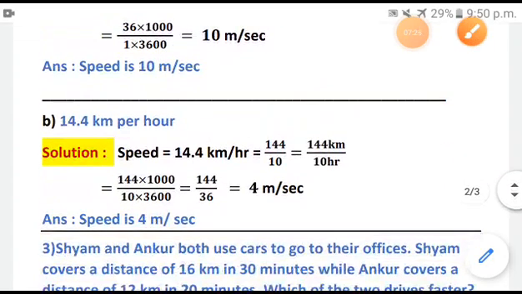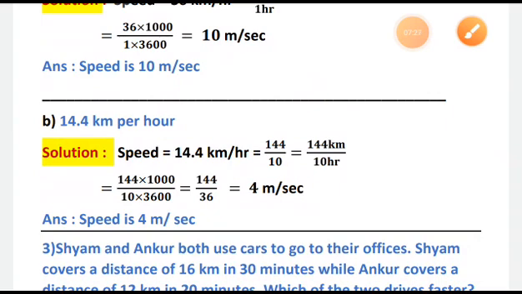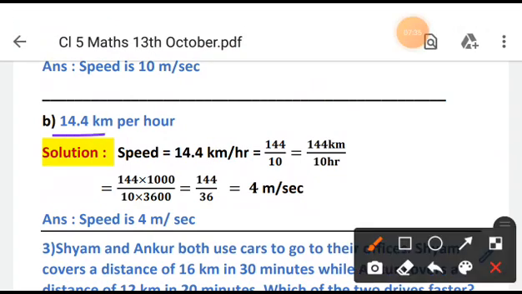Now next part B, 14.4 kilometer per hour. So here students, the speed given is 14.4 kilometer per hour. That means a distance of 14.4 kilometer is covered in 1 hour.